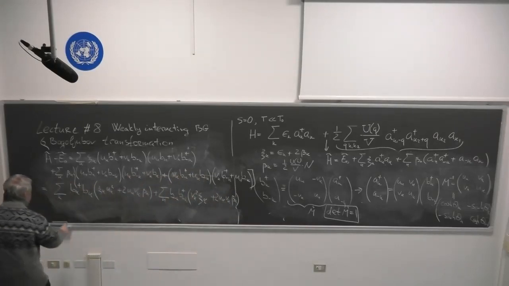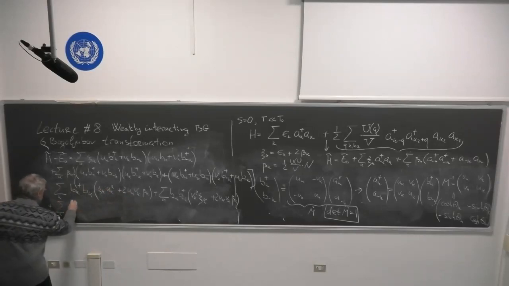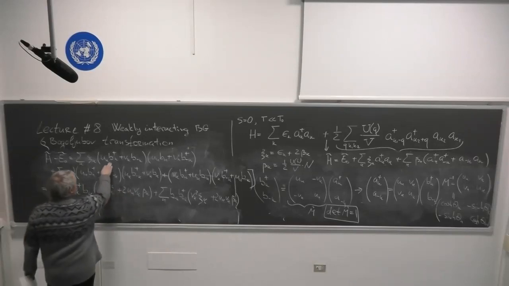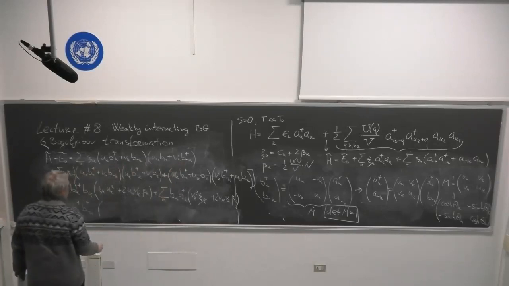Let me write now the off-diagonal terms: plus sum over K, BK dagger, B minus K dagger.